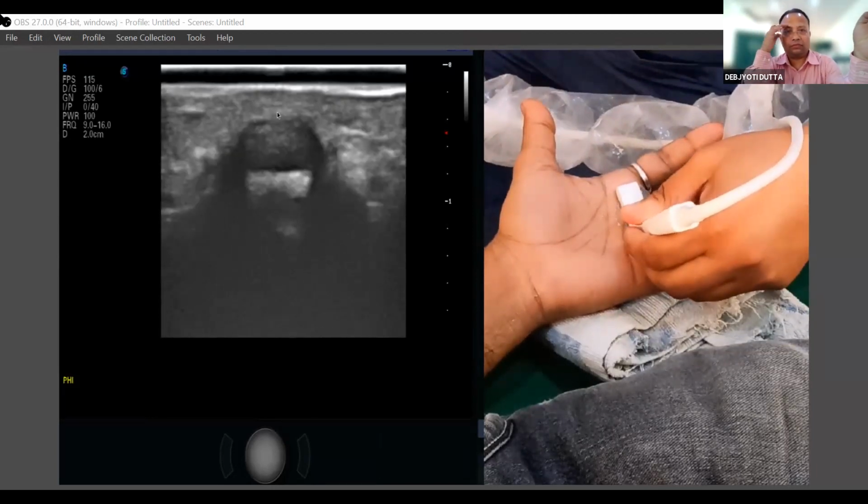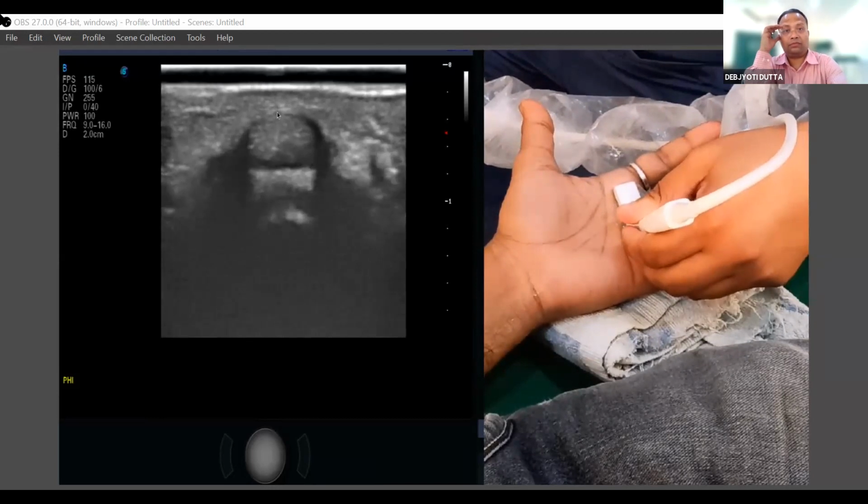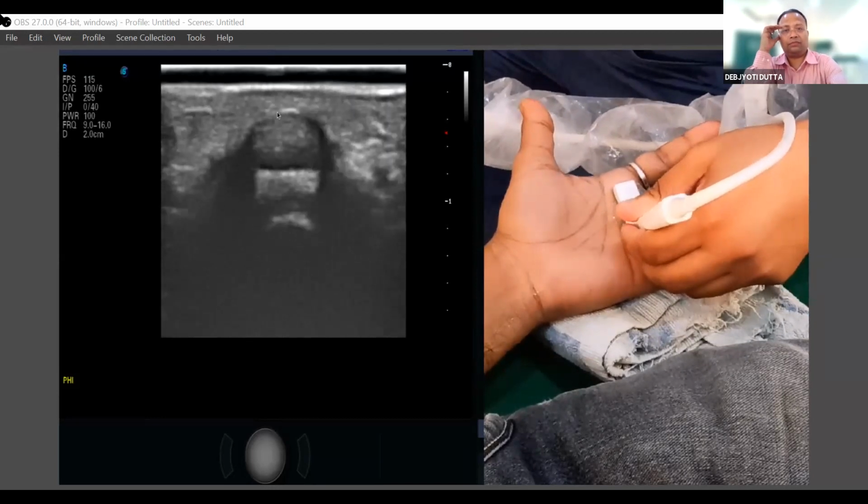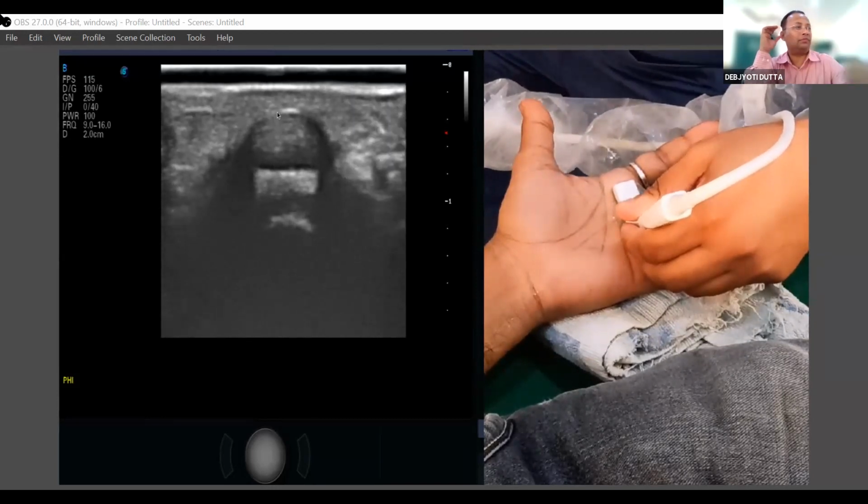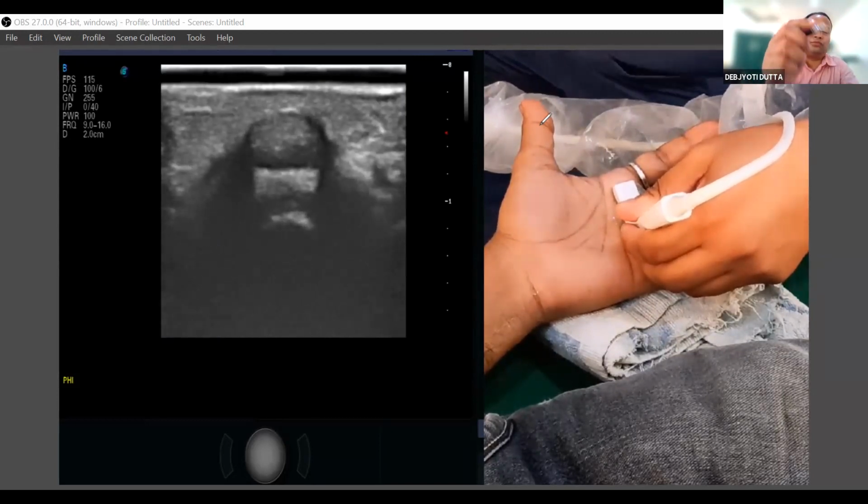In this area, can you see the classic hood? Let me reduce the depth also. That is the minimum, we cannot reduce further. Some fine tuning to make it clear.